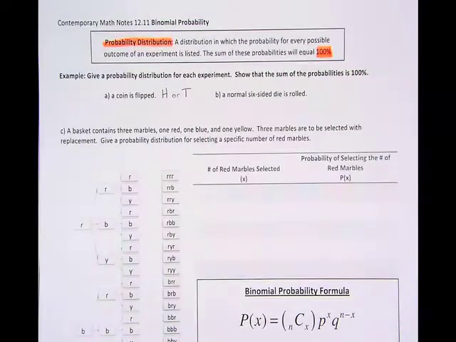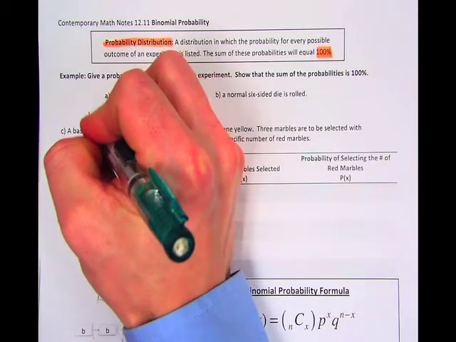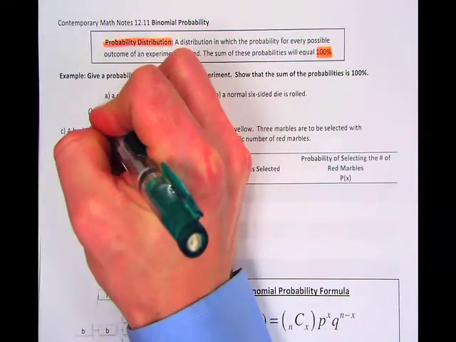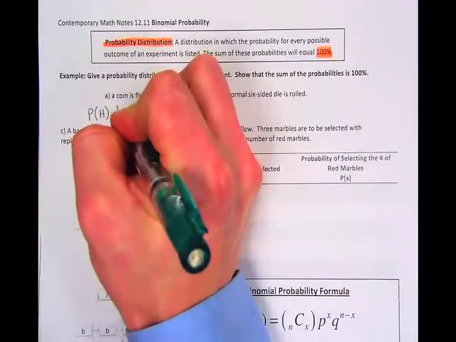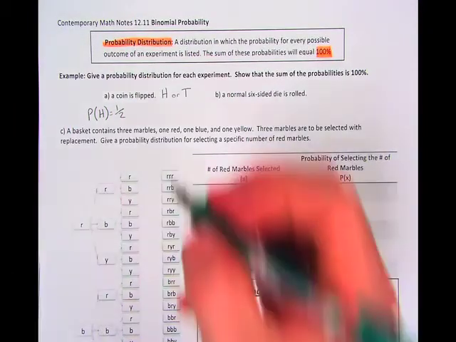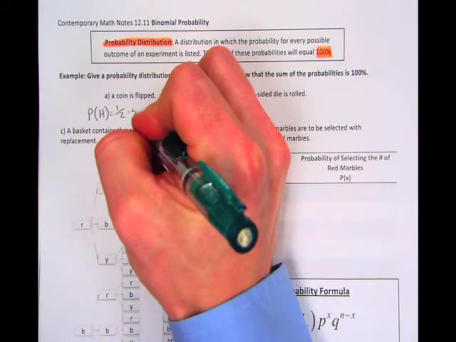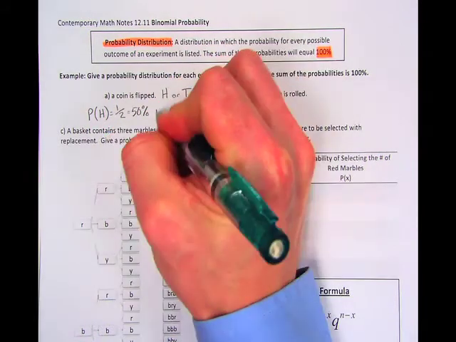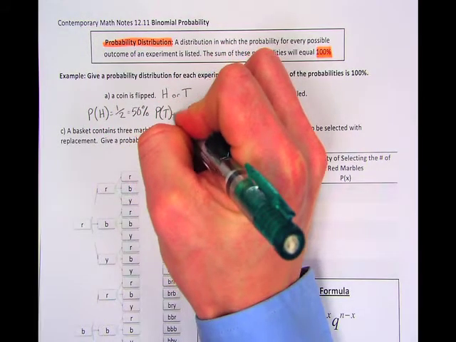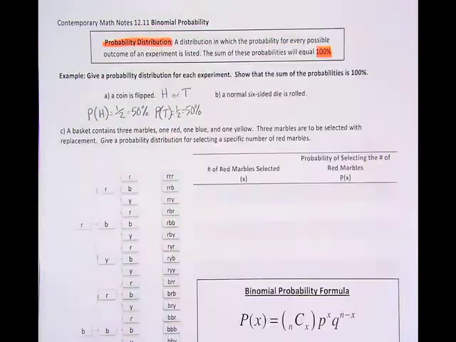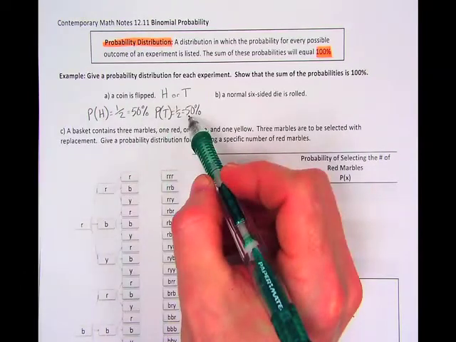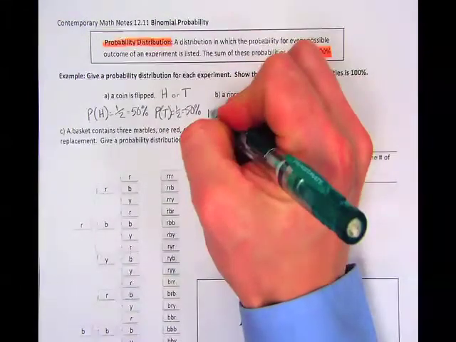To write an actual probability distribution, we list all the probabilities of all the possibilities. The probability of getting a heads is 1/2 or 50%, and the probability of getting a tails is 1/2 or 50%. If we add up the sum of the two probabilities, we get 100%.